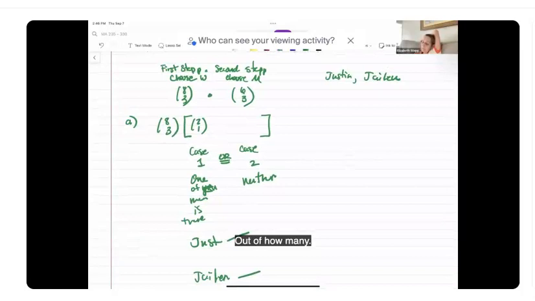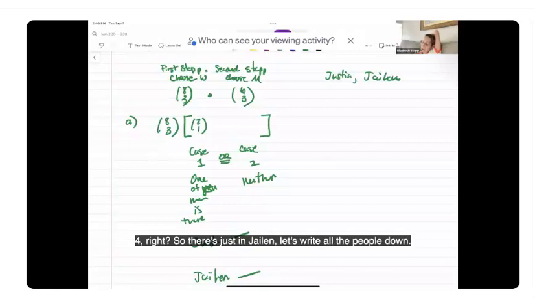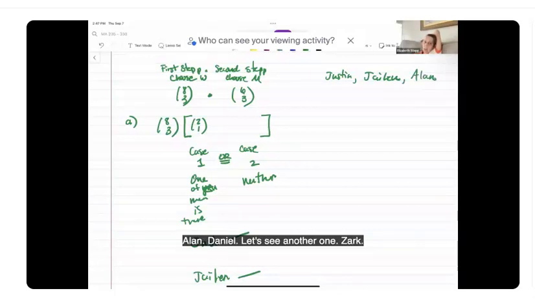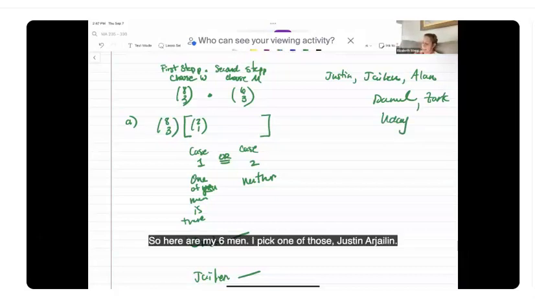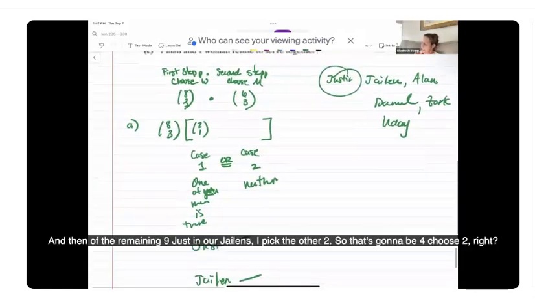Out of how many? 4, right? So there's Justin, Jalen. Let's write all the people down. Alan, Daniel. Let's see another one. Zark. I like that name. Zark and Uday, who's not officially in our class, but he is going to be on this committee maybe. So here are my 6 men. I pick one of those, Justin or Jalen. And then of the remaining non-Justin or Jalen's, I pick the other 2. So that's going to be 4 choose 2, right?